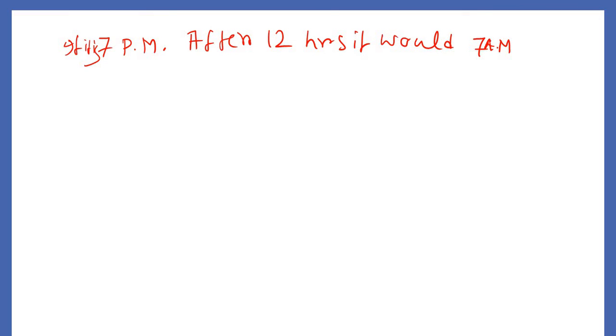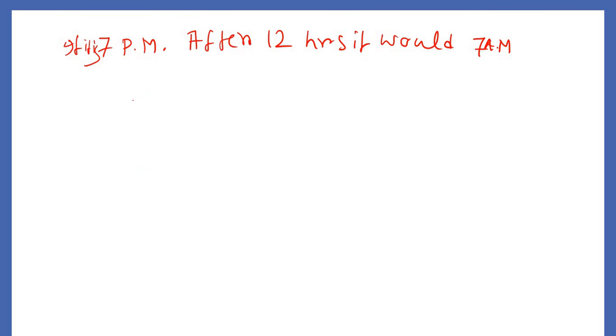So if it is 7 pm now, after 12 hours it would be 7 am. So if it is 7 pm currently, the time will be 7 am in the next 1500 hours. So the answer will be 7 am.